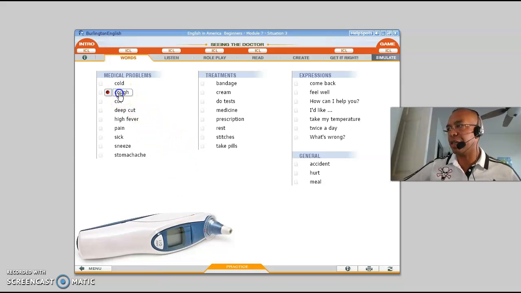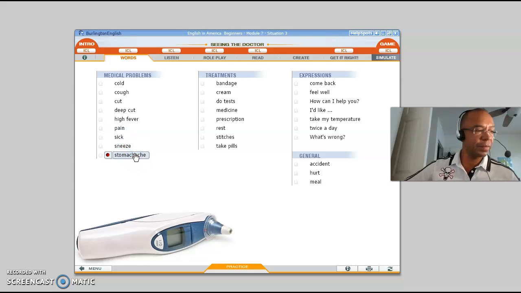Okay, so yesterday we talked about cough, coughing, cold, cut, deep cut, high fever, pain, sick, sneeze, stomachache, bandage, cream, do tests, medicine, prescription, rest, stitches, take pills, come back, feel well.